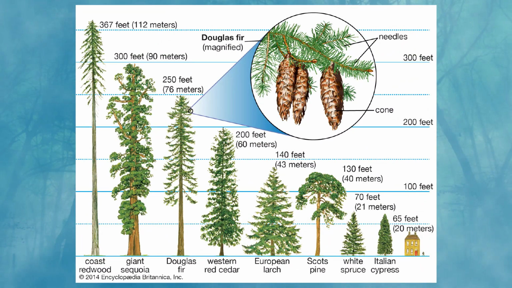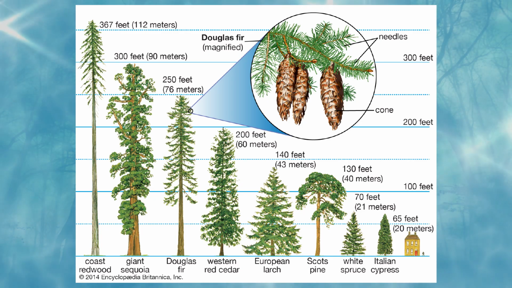In this slide you can see a comparison with a big building, and you can see how all these pines, firs, sequoia and coastal redwood compare to the building. They are very large trees, some even very massive.